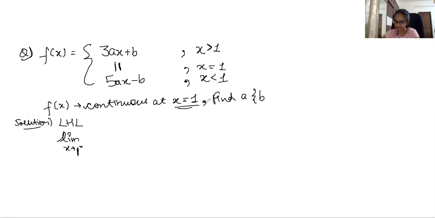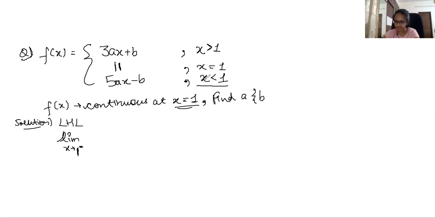So we have to use the function where the value of x is less than 1. 1 minus means the value is less than that particular thing. So in these three, the one where the value of x is less than 1 is this one.